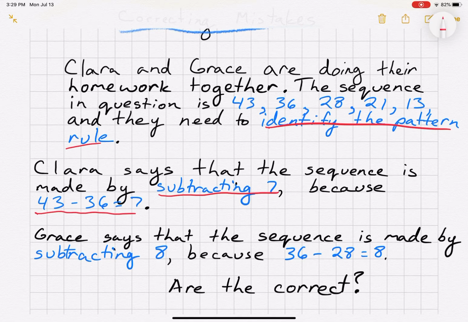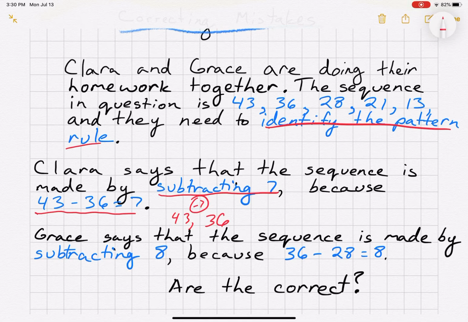So I'm just going to check that. I have my sequence here. I have 43, and she just checked the first numbers, and she's saying minus 7. So 43, 42, 41, 40, 39, 38, 37, 36. That is 7.